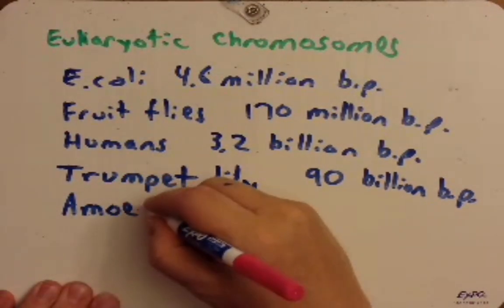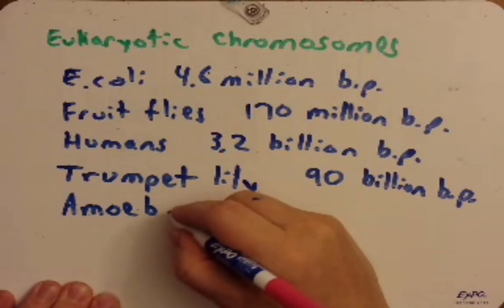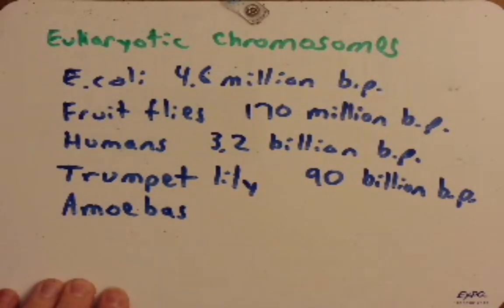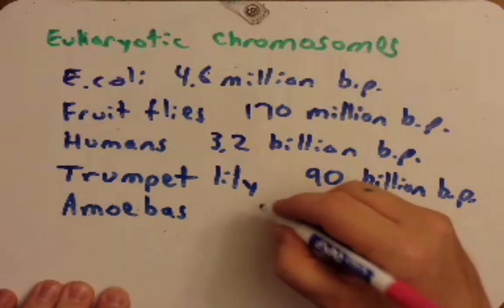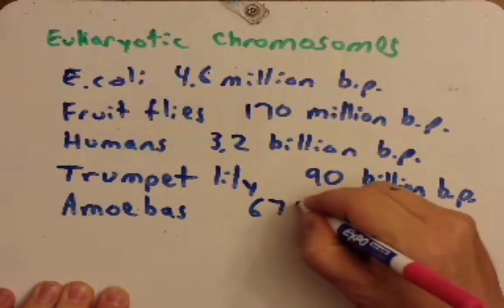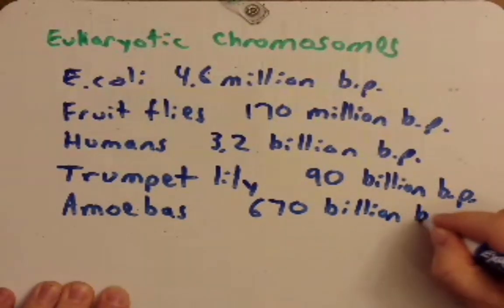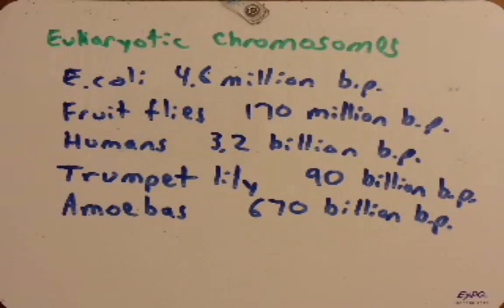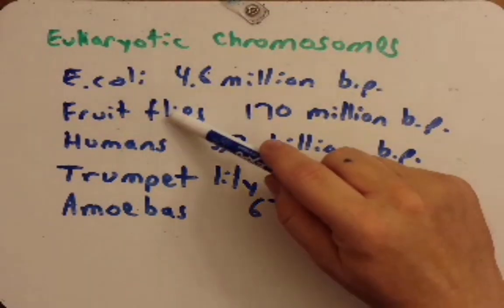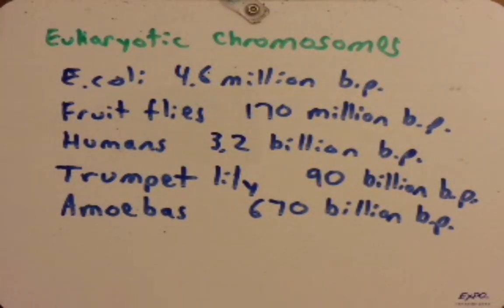Amoebas offer a lot of interesting details that sometimes are hard to imagine or explain, but they have a whopping 670 billion base pairs.